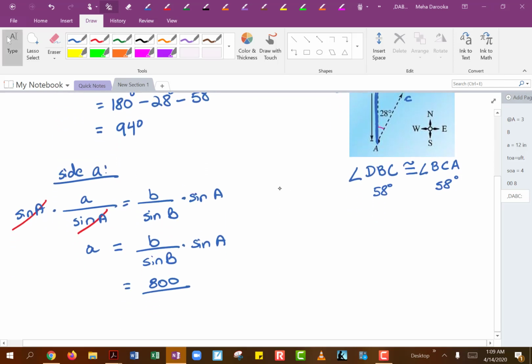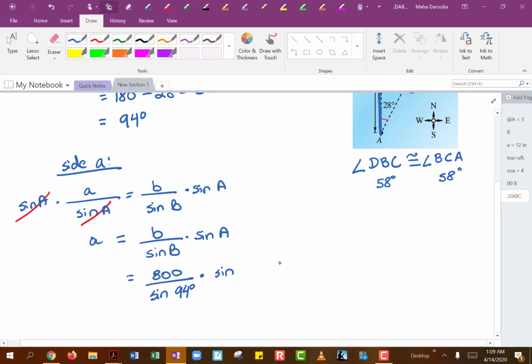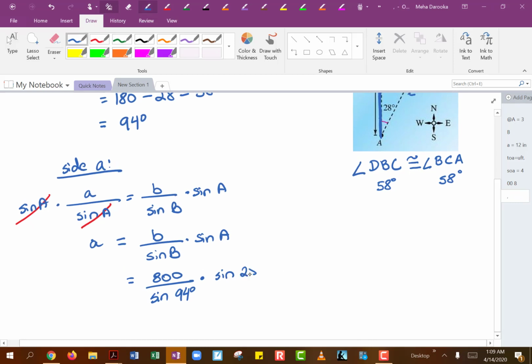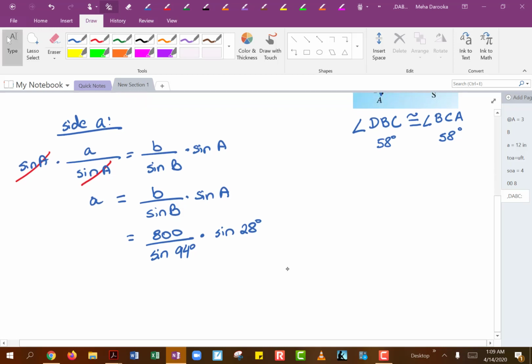Angle B is our 94 degrees, so that will be sine of 94 degrees, and then we're multiplying this with sine of angle A, which is 28 degrees. So again, just plug this into your calculator and you should get approximately side A to be 376.49 meters.